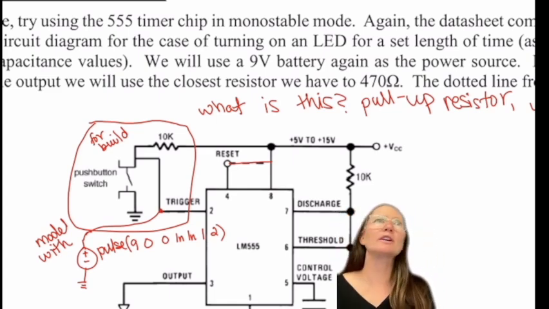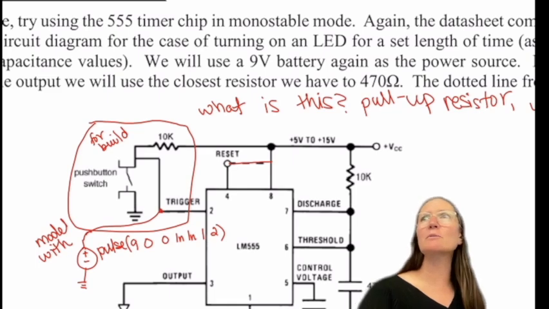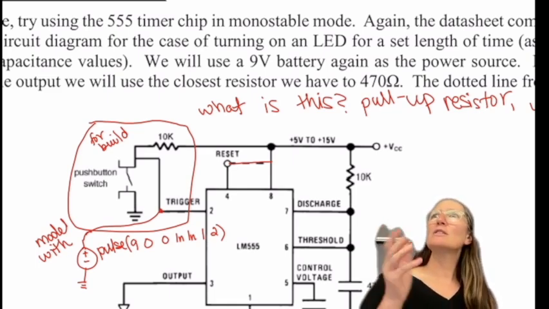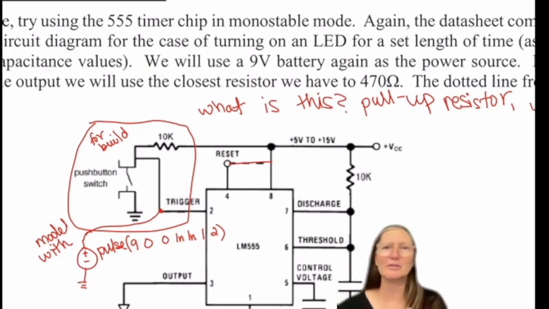So go ahead and work on getting this one, and then again change that capacitor from 470 micro to 47 micro. See the effect it has on it. And in this one, I'll simulate it really quick.